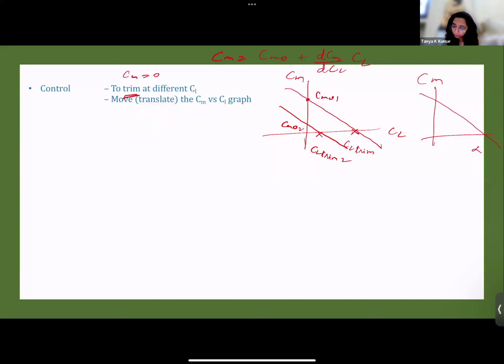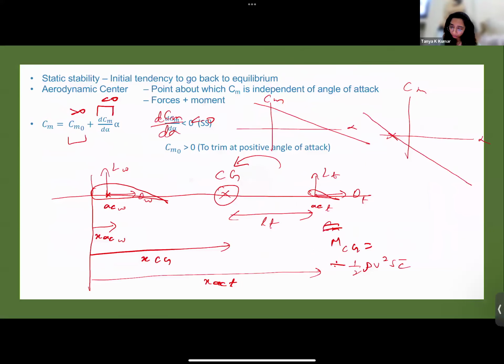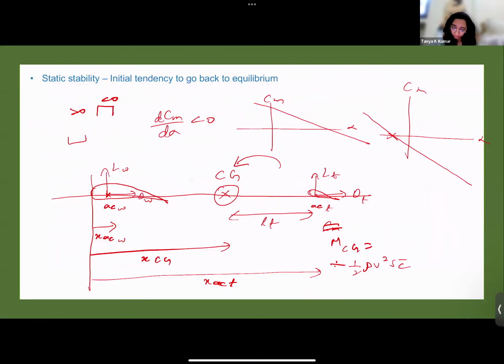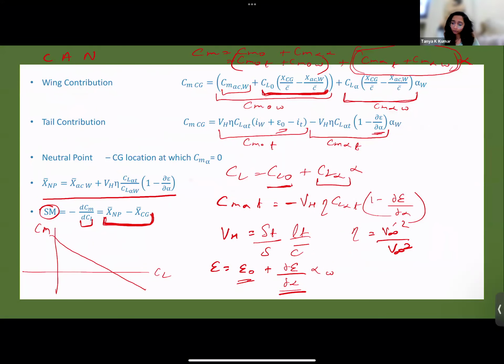Go back to the Cm equation. Just look at the wing and tail contributions. Your control surface is on your tail, so you just have to look at the tail contribution.